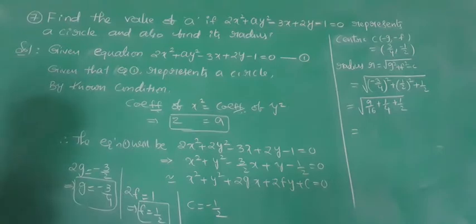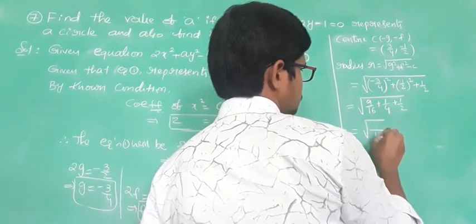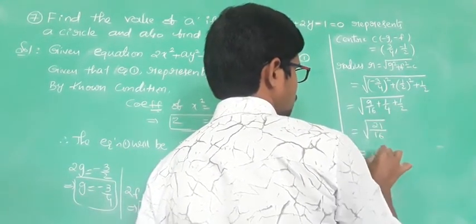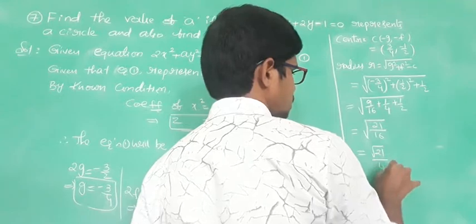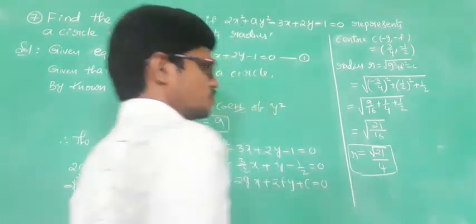By simplifying, we get the radius as root of 21 over root 16, the LCM is 16. So root 21 by root 16, which is 4. So this is the radius: root 21 by 4.